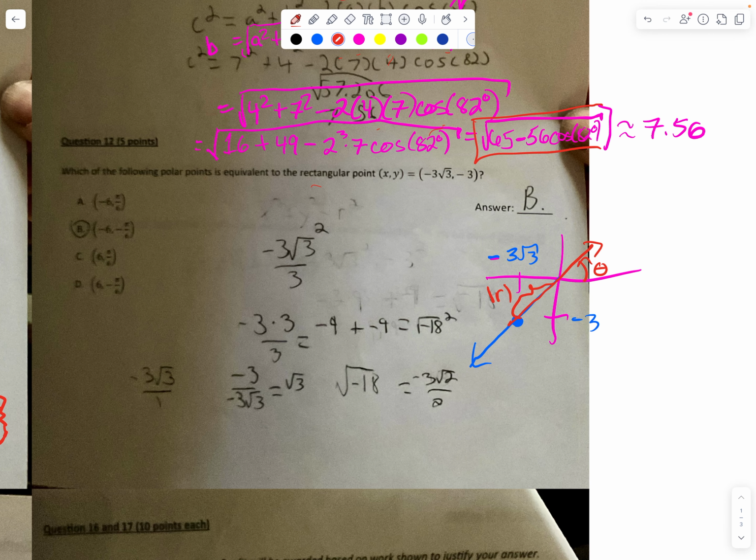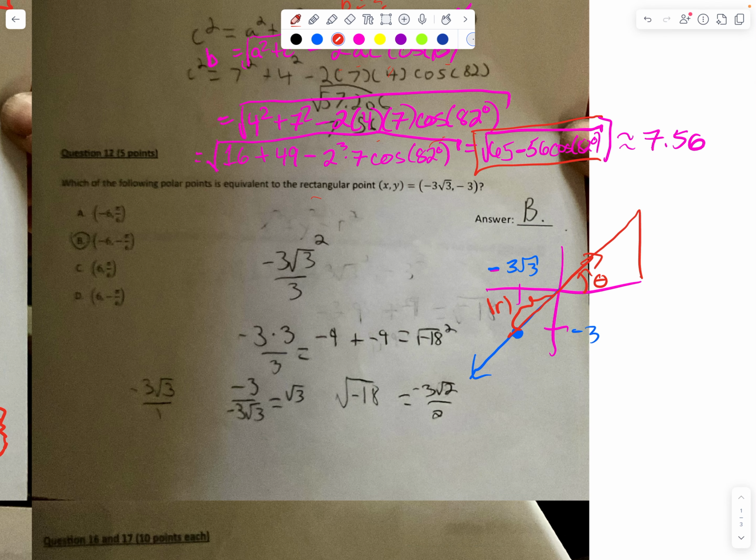So what's our angle here? Well, you could draw a triangle if you want. What's this triangle? This is a distance of 3. This one's 3 root 3. It's just this triangle here, I'm just drawing it bigger. You do tangent because we have opposite and adjacent. I know that tangent of theta is opposite over adjacent.